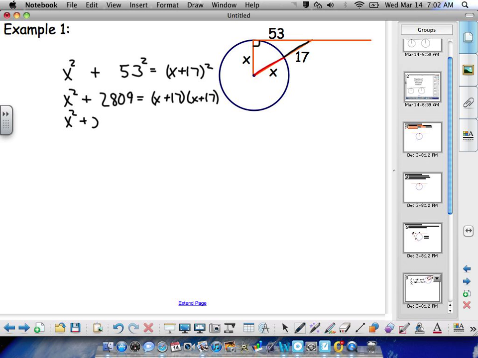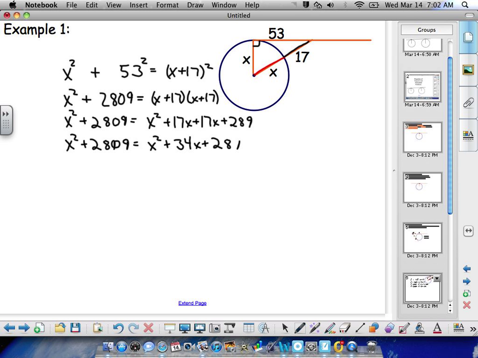So x squared plus 2,809 equals, here we have to double distribute, x times x is x squared plus 17x plus 17x plus 17 times 17, which is 289. Combine like terms: x squared plus 2,809 equals x squared plus 34x plus 289.